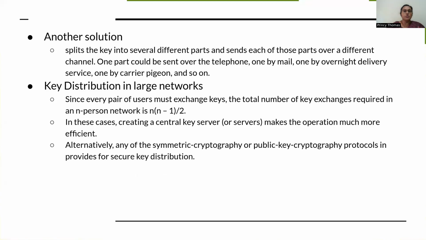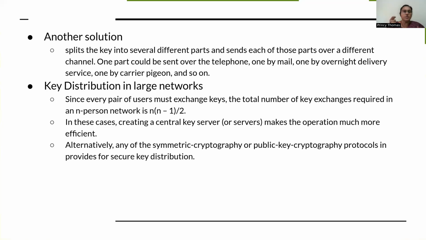Another solution is that instead of sending the whole key as a single part, the key is split into several parts. This is also called key sharing. We will discuss it a little later. So the key is split into different parts, and each part is sent over a different medium. So just because one part of the key is compromised, the whole key will not be compromised.